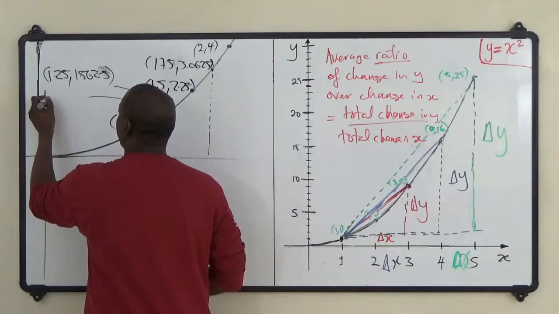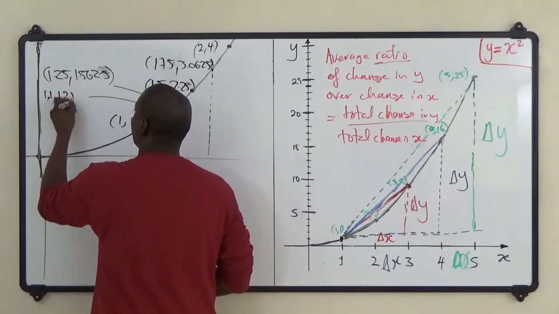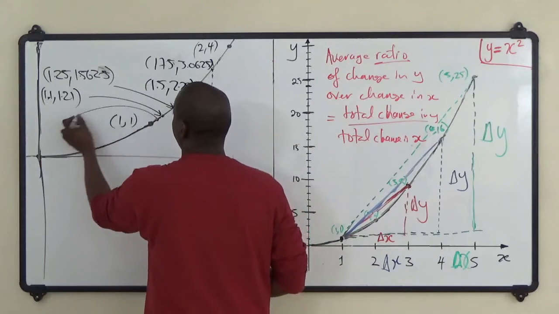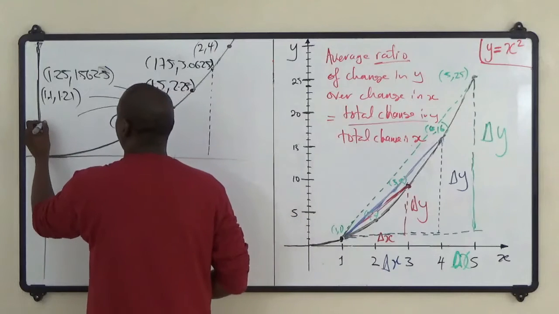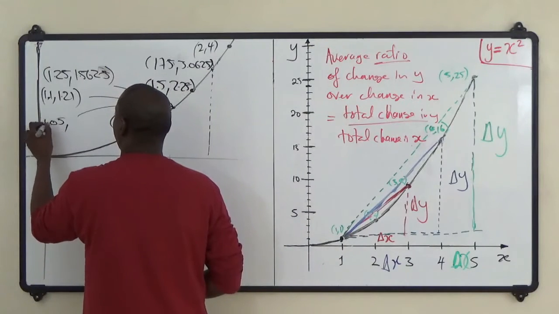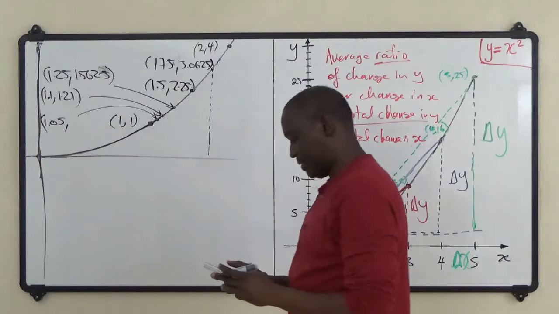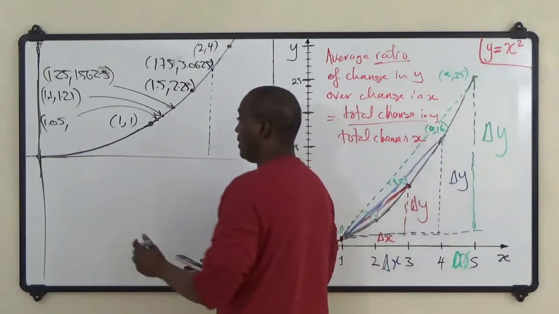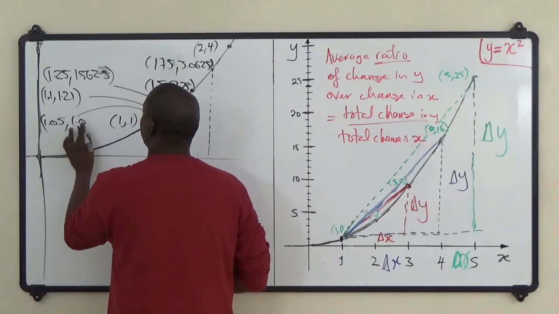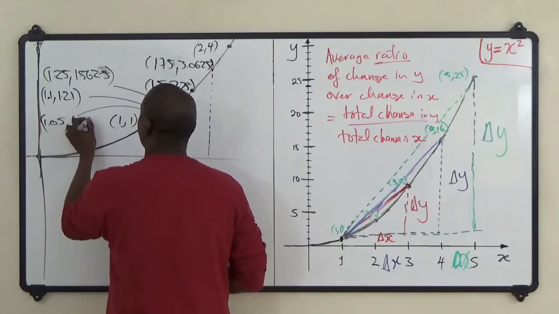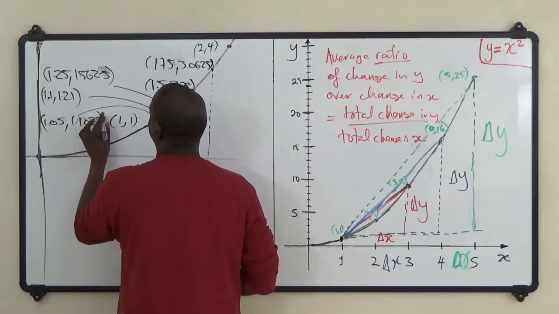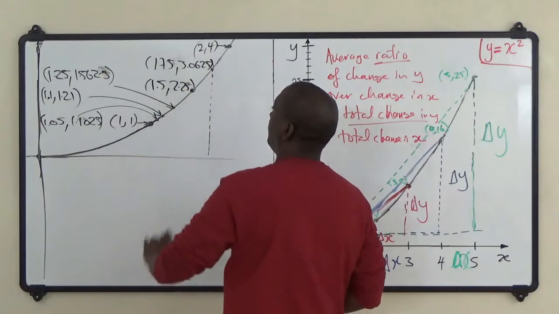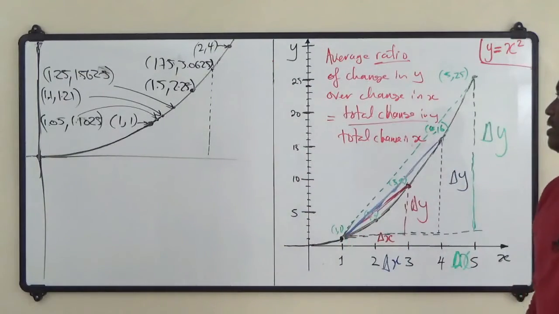So 1.1, comma, 1.21, and this is the point 1.05. 1.05, comma, 1.05 squared is equal to 1.1025. 1.1025. All right. And this here is the point 1, 1. So we see what's happening here, right? We have all the points that we're going to use to calculate the gradient.